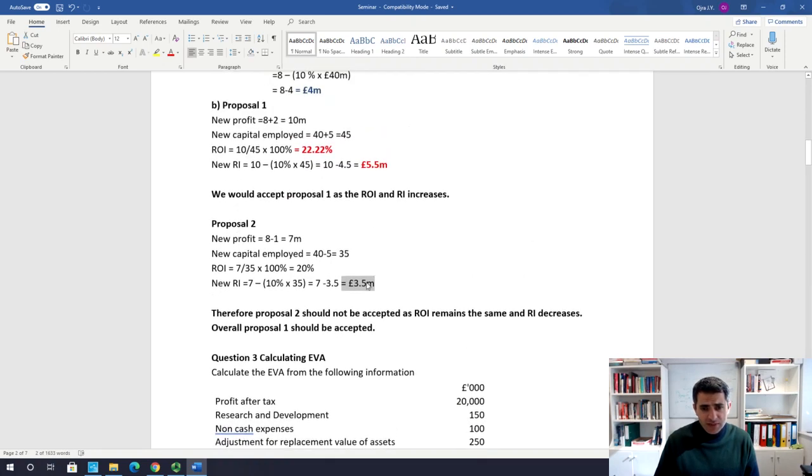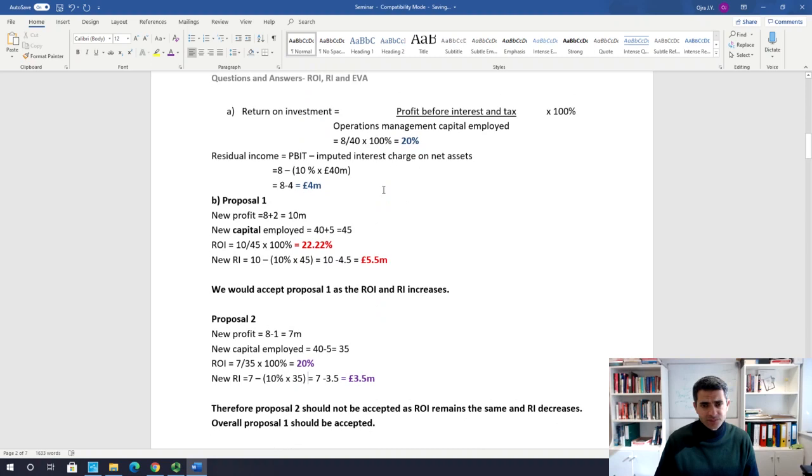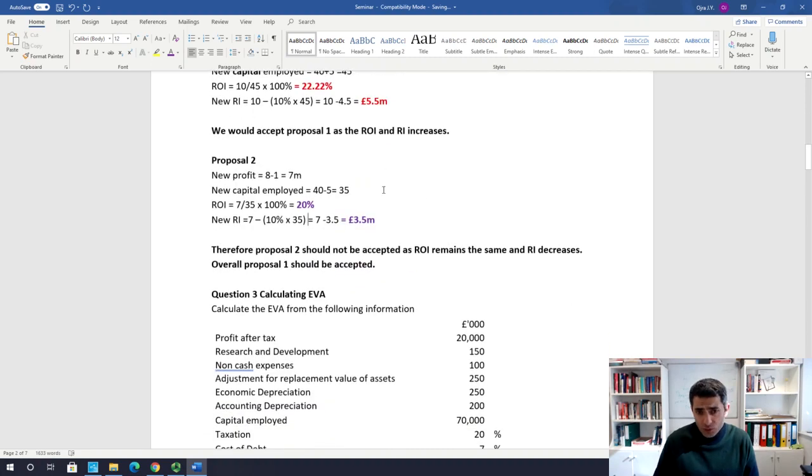So if you look at these figures, which I'm going to do in another color, purple, fair enough. So what do you think? Would you accept it? Right now, you need to compare these with these and find out. Of course, as you see, we shouldn't really accept proposal 2.